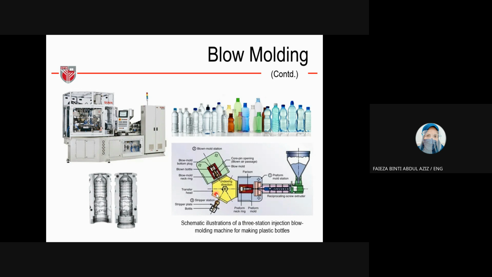You can see the indexing machine here with three stations. Number one is the preform mold station, and then they pass to the indexing machine. Number two is the blow mold station, and number three is the stripper station.